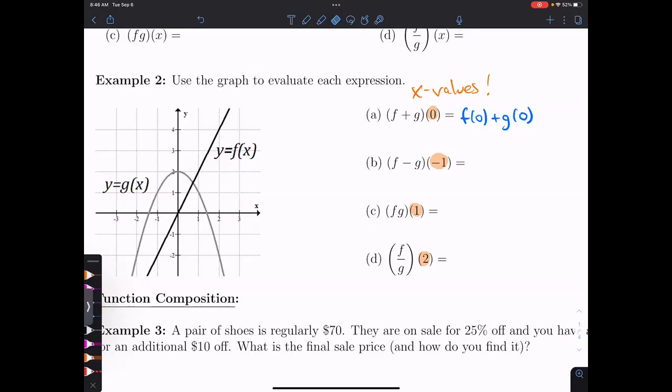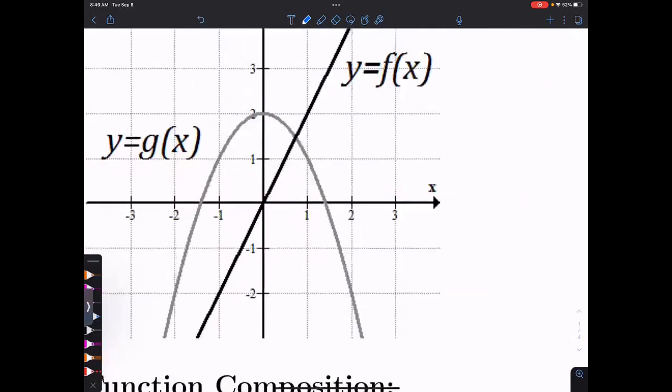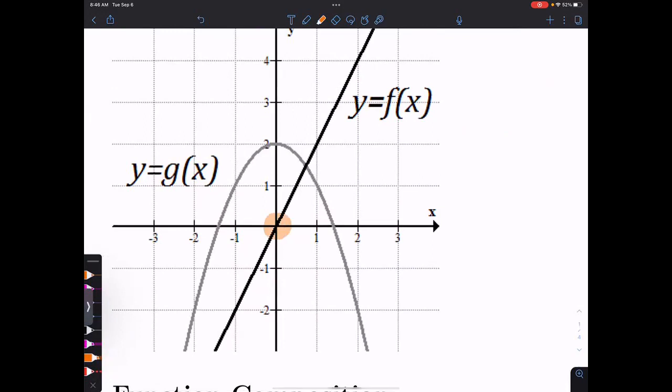From a graph though, what I'm going to do is sort of the right-hand side of that equation. I'm going to look up these two function values separately and then add them together. So what's f of 0? Zero. Because when x is 0, the function f, that bolder line, passes through the point (0, 0). That means its y value, or its function value, is also 0.